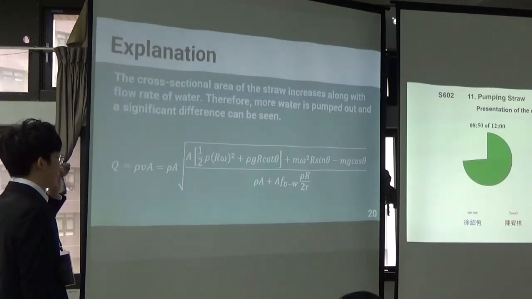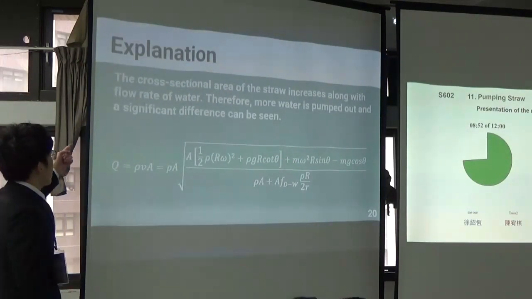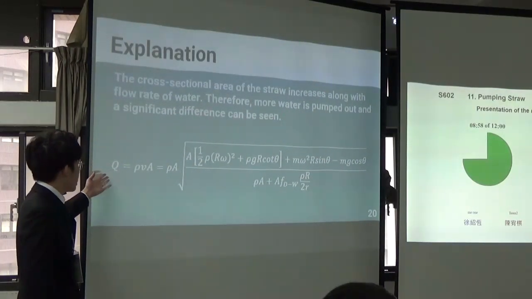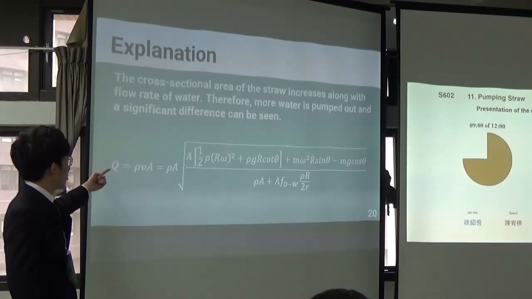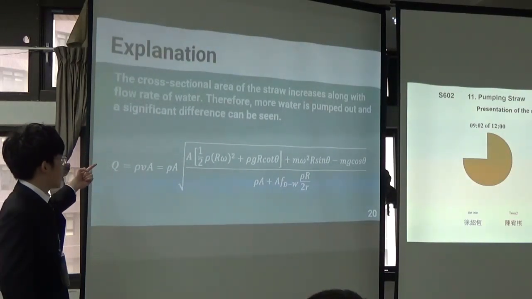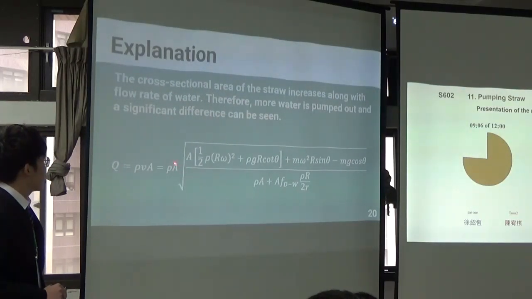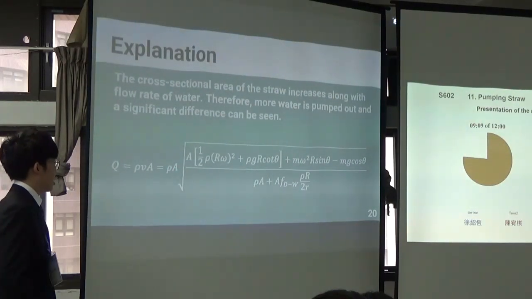To get into the reason for this, of course the cross-sectional area of the straw increases along with the flow rate of water. We can see the flow rate equation of our straw, and there's a variable A right here. A actually means the cross-sectional area.